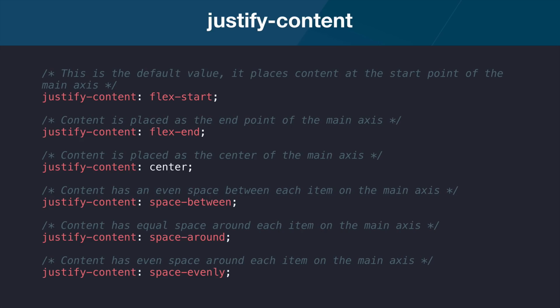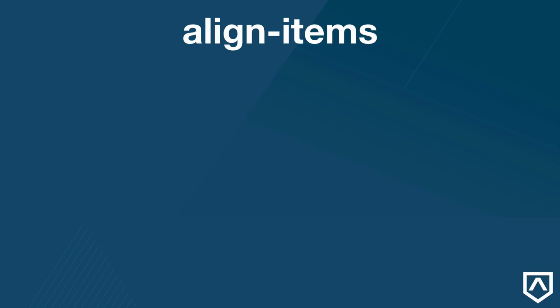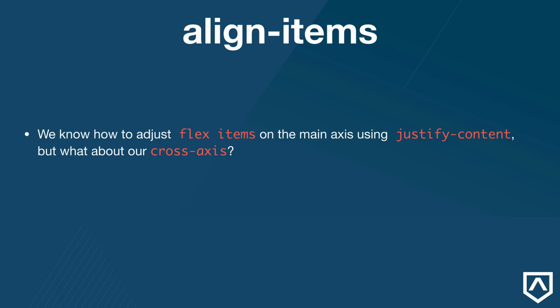There's also something we can use to not only space content out around the main axis, but also on the cross axis, and that is align-items. So we know how to adjust flex items on the main axis using justify-content. But what happens when we want to use the cross axis, or the up and down vertical axis? Remember that the cross axis is perpendicular to the main axis.